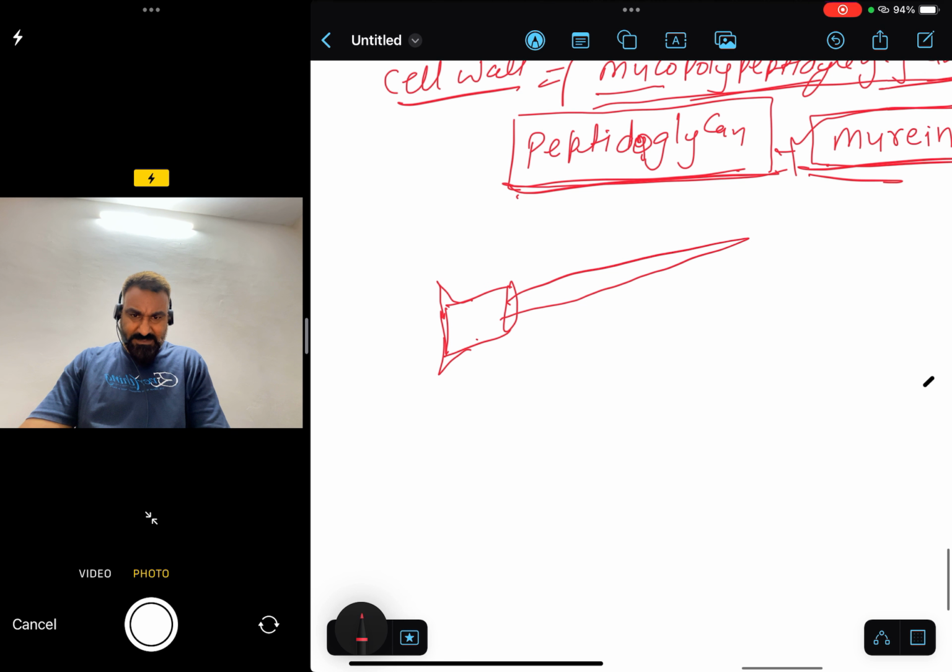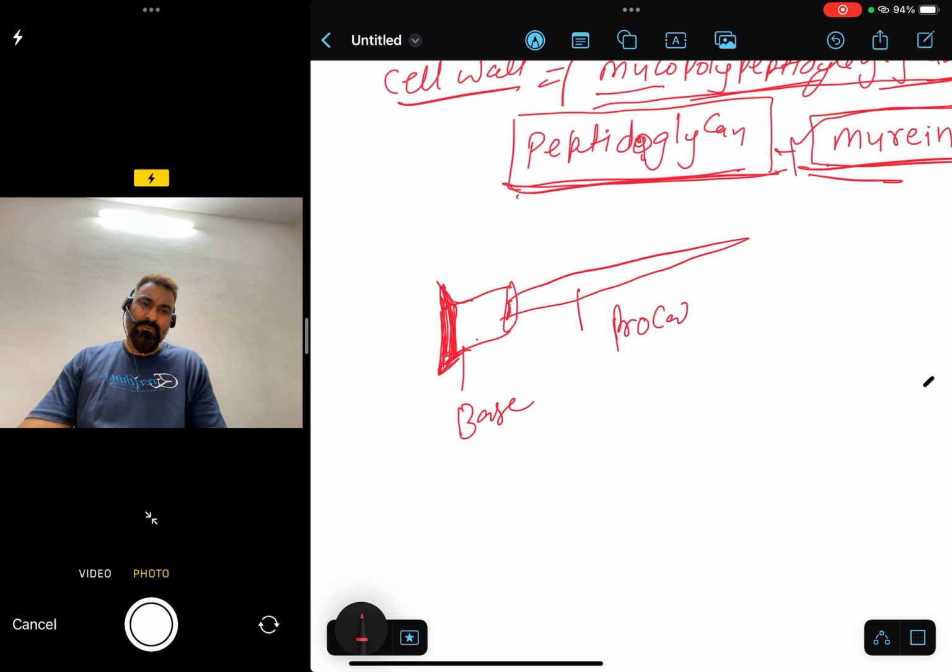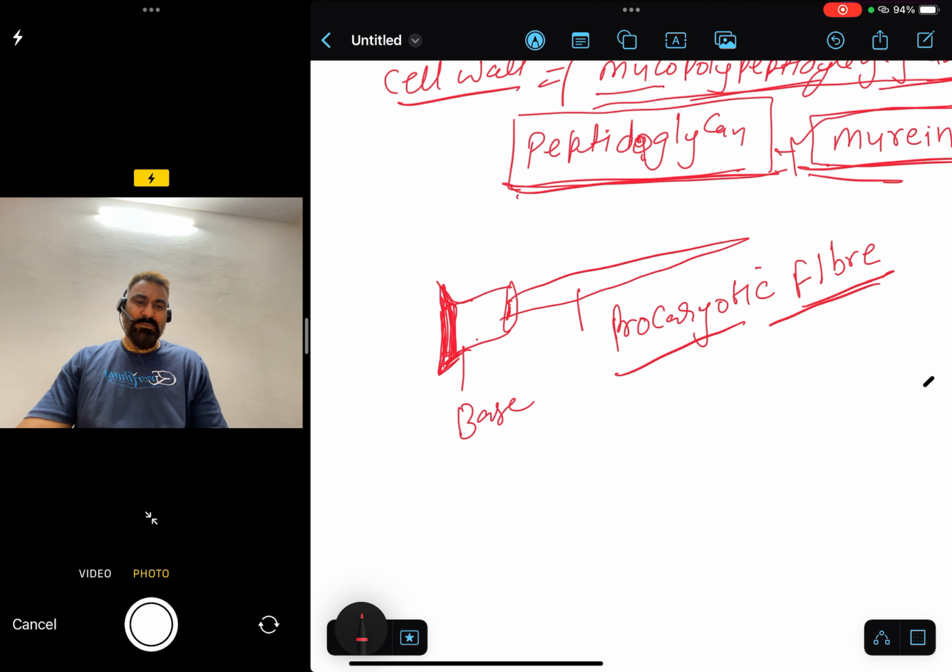This is the base, and this structure is known as the hook, which is embedded inside the cytoplasm of the bacteria. And in this, a filament made up of fibers, known as the prokaryotic flagella.